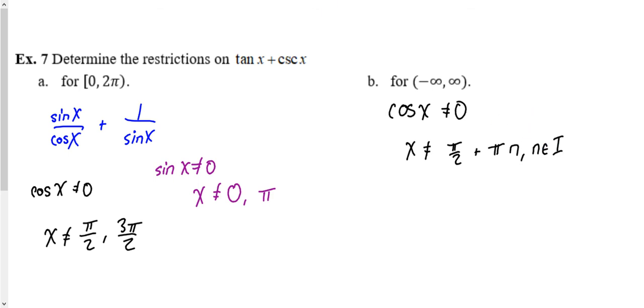Our second one here, we have sine x cannot equal 0. So x can't equal 0 and pi, so we can write x cannot equal just pi n, where n is an element of an integer. You don't need that 0 plus pi n. That's just overkill, but that's going to be our expression, and then we're good for number 7.